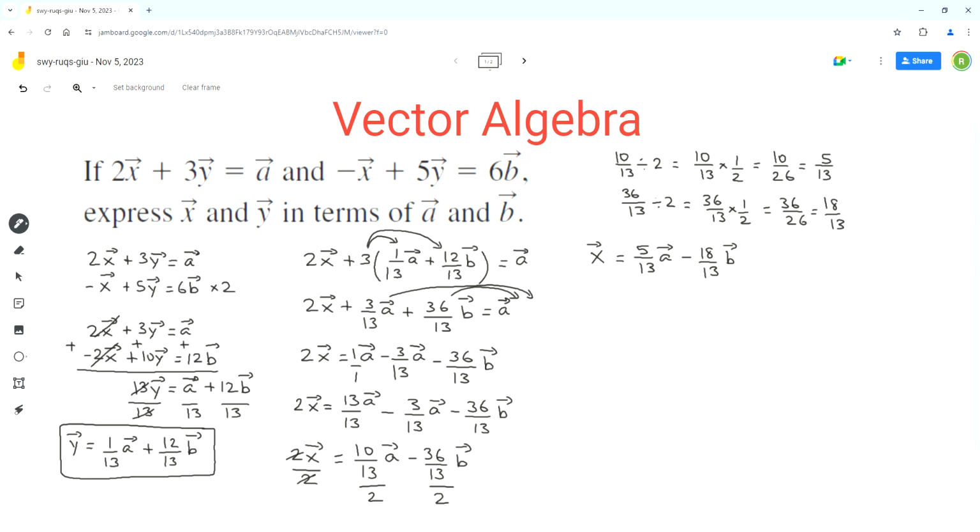So this should be the final answer for vector x. So these are the steps you have to keep in mind to solve a problem like this one.